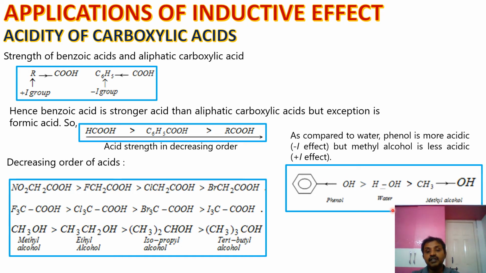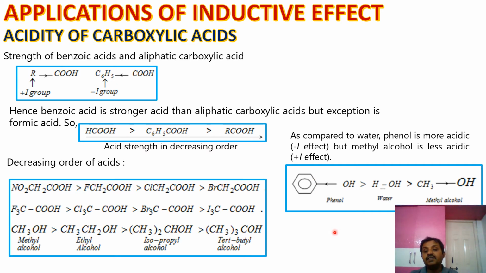Water, HOH, is simple and normal. The methyl group is an electron releasing group. When we compare with water, the hydrogen is substituted with alkyl groups. The alkyl group is electron releasing, and the phenyl group C6H5 is electron withdrawing.